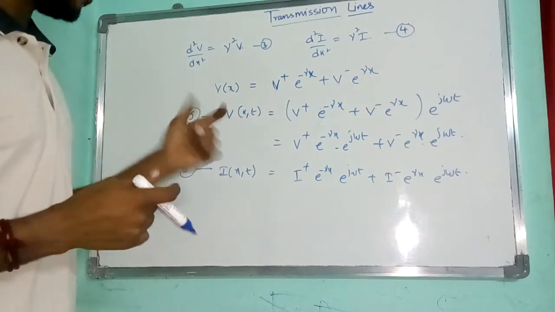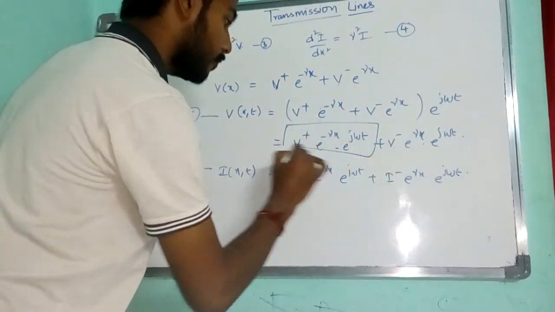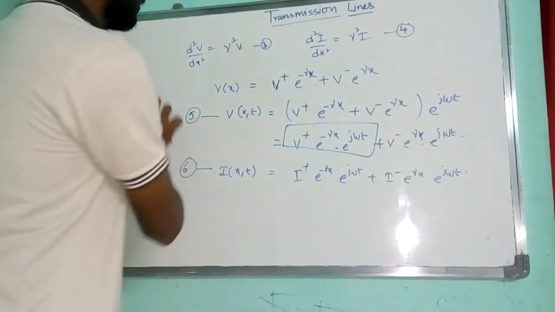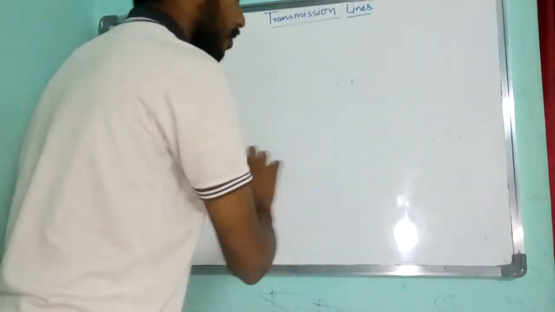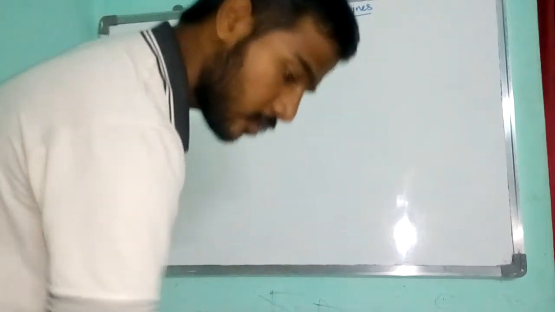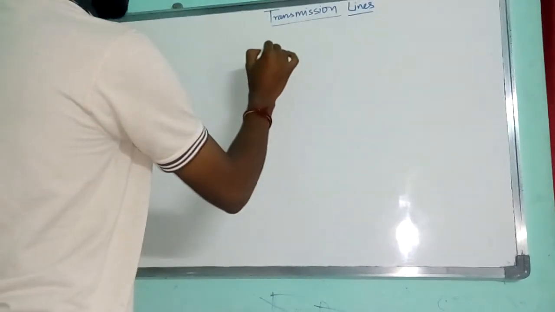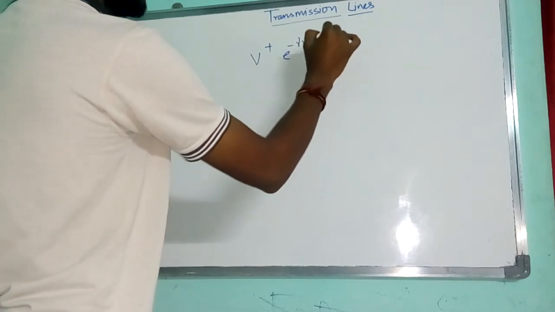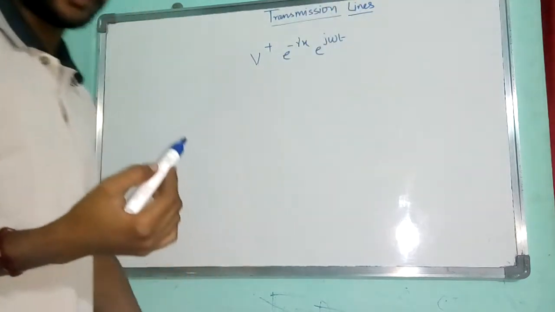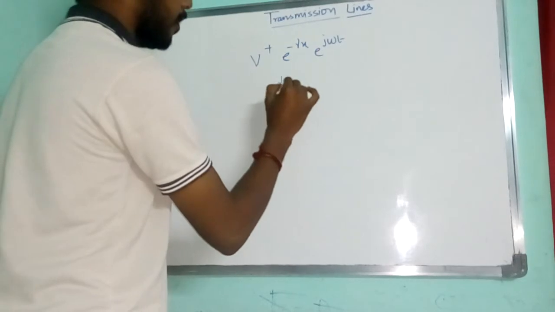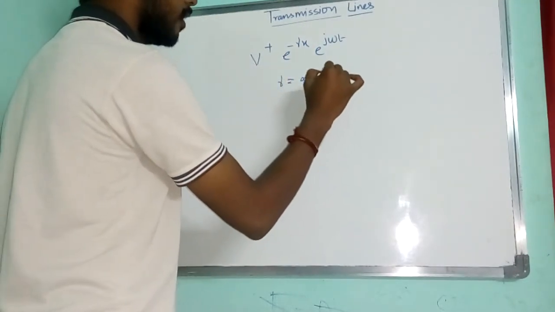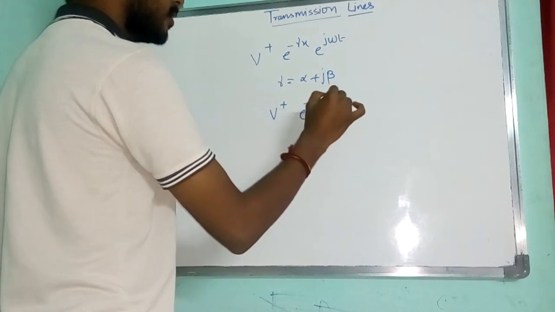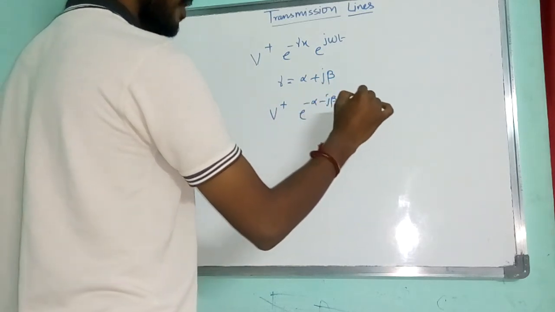Now I'll explain what this term is specifically. So here V plus e power minus gamma x into e power j omega t is given, right? Now here I said gamma is alpha plus j beta. V plus e power minus alpha x minus j beta x into e power j omega t.